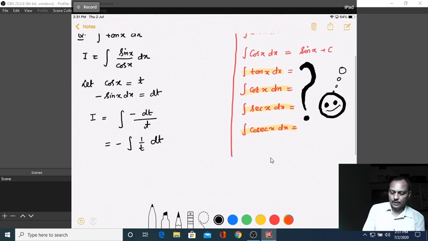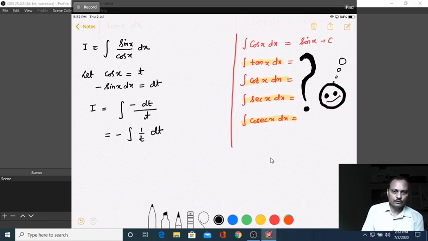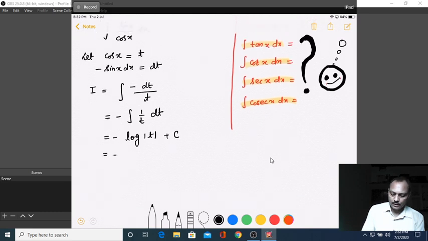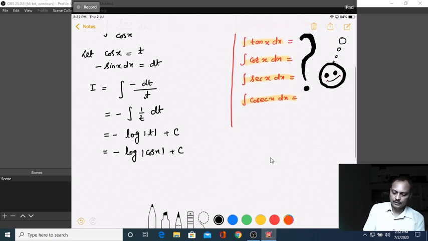Integration of 1 upon x with respect to x is log of mod of x. So here it will be log of mod of t plus c. Now place the value of t, it is minus log cos x. So this is the integration of tan x.